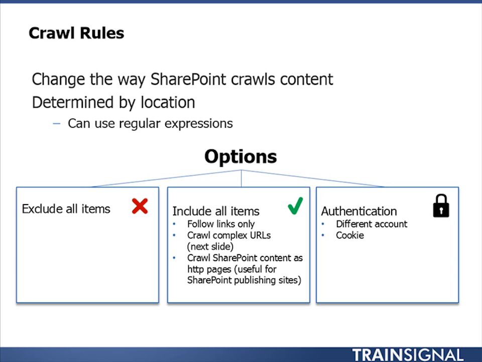Instead, pretend to be a normal client. So what it will do is it will just simply follow all the links. And if it doesn't find a link to a particular item, it's not going to see that item. So unless a user could actually access it by hitting a link, it's not going to actually be crawled and thus not actually show up in the search results.